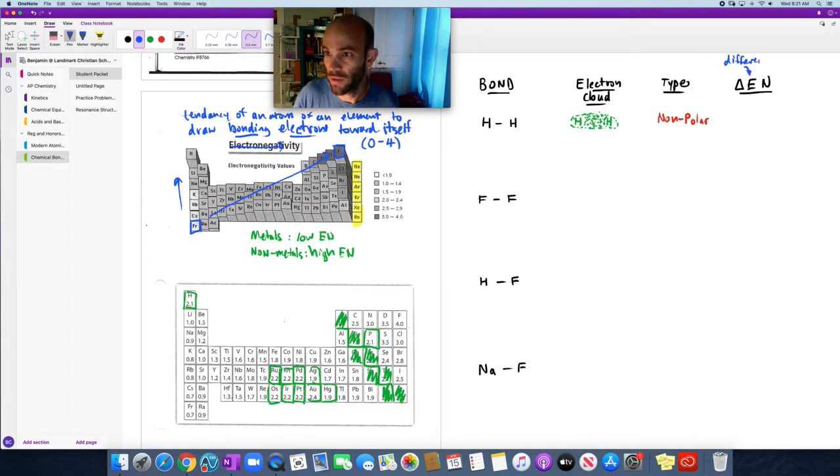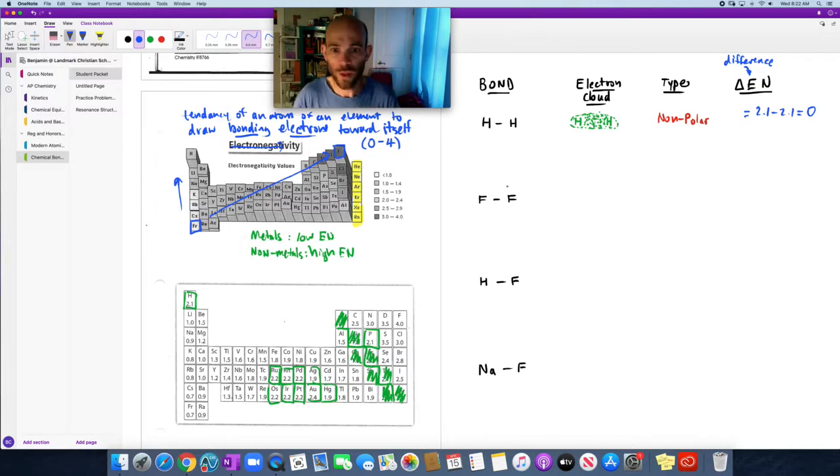Delta means difference, or sometimes change, but to calculate change you do subtraction. Is there a difference? No, there's not. The electronegativity values here would be 2.1 minus 2.1, the same, and so no difference at all. That gives rise to a nonpolar bond.